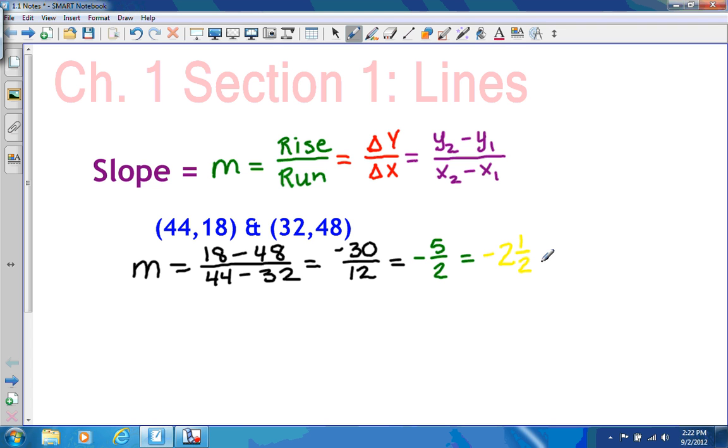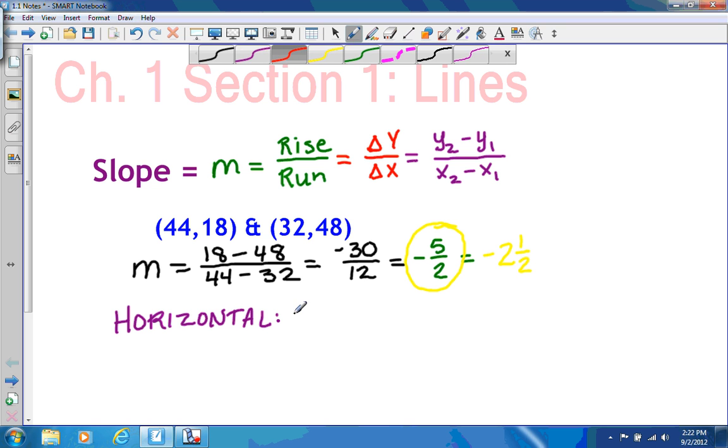But usually for the purpose of anything you're going to do with lines, you are going to want to leave it as a fraction, not a mixed number. Now when dealing with the slopes of lines, if a line is horizontal, then our slope is 0.